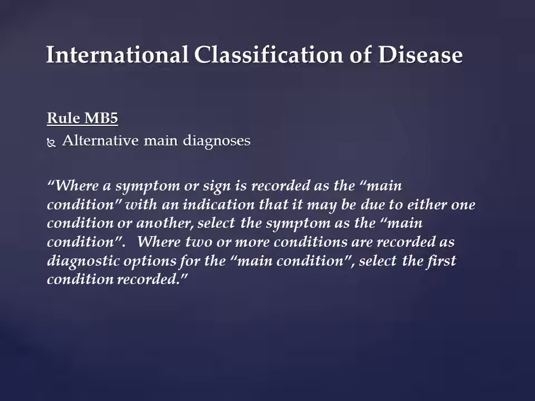And then the last rule, alternative main diagnosis, where a symptom or sign is recorded as the main condition with an indication that it may be due to either one condition or another. Select the symptom as the main condition. Where two or more conditions are recorded as diagnostic options for the main condition, select the first condition recorded.